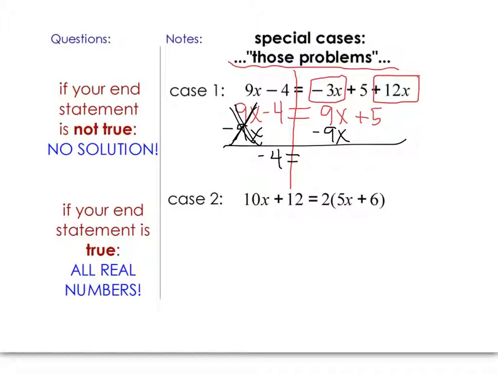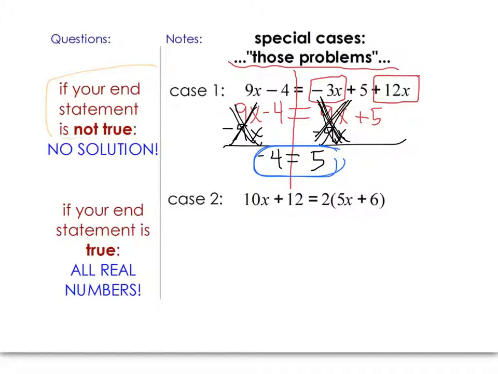Uh-oh. 9x minus 9x cancels on this side too. And all I'm left with is a 5. Does negative 4 equal 5? Negative 4 doesn't equal 5, does it? Look over here on the left side.